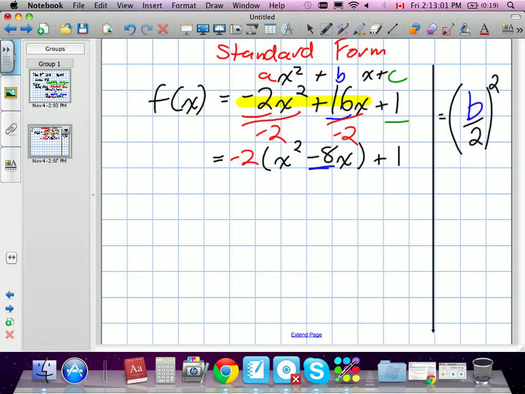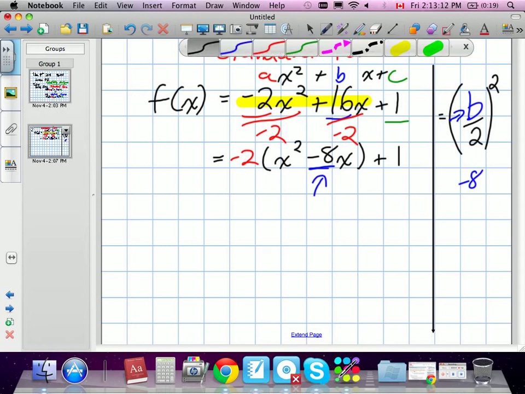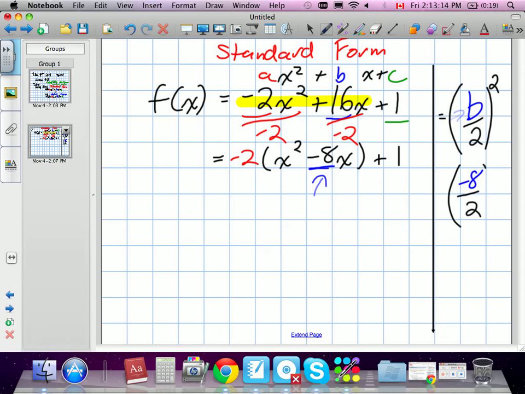That's going to give us a new number we're going to put into the bracket. So in our instance, our b value is -8. So we're putting -8 divided by 2, and then I'm going to square that. -8 divided by 2 is -4. -4 squared is 16. So we're working with the number 16.